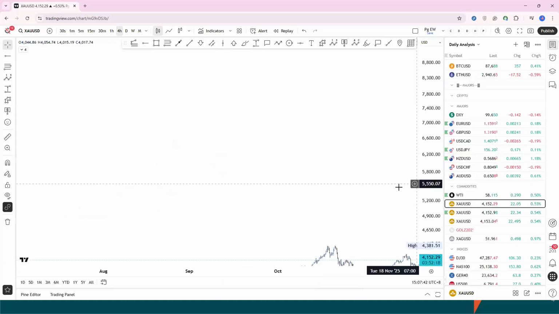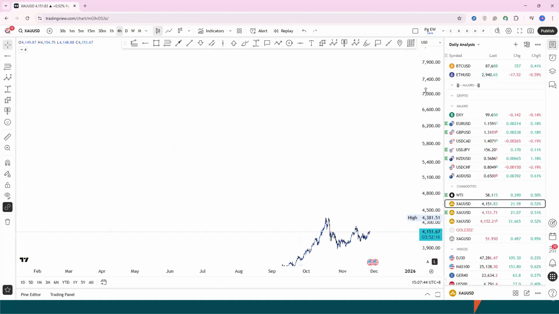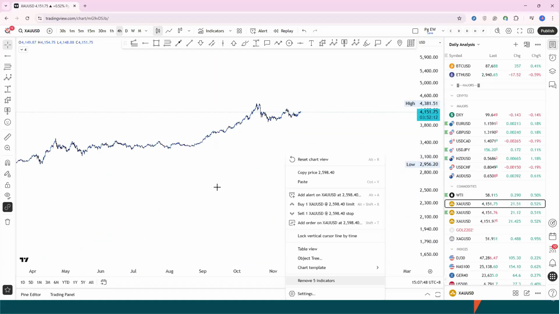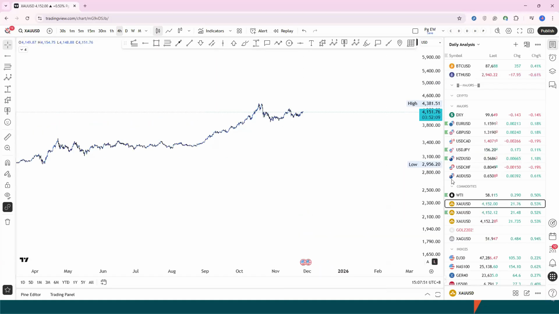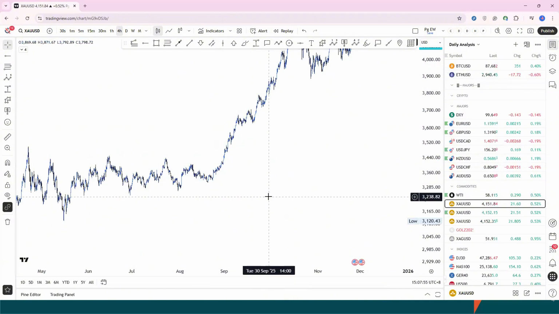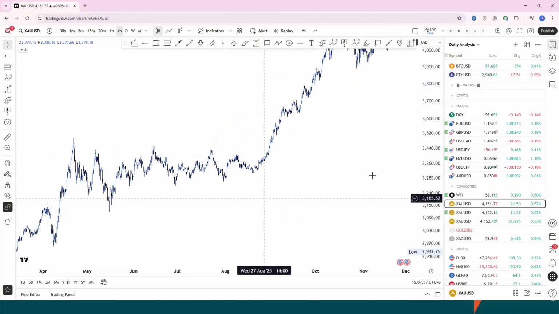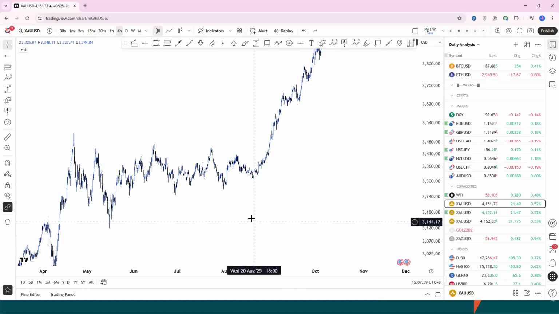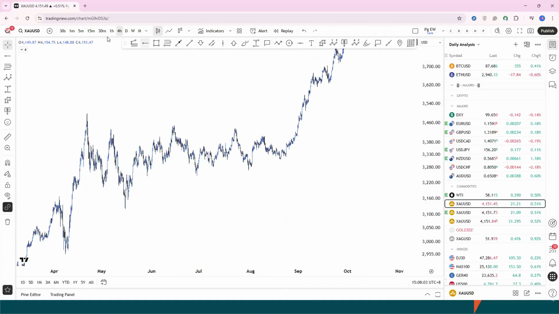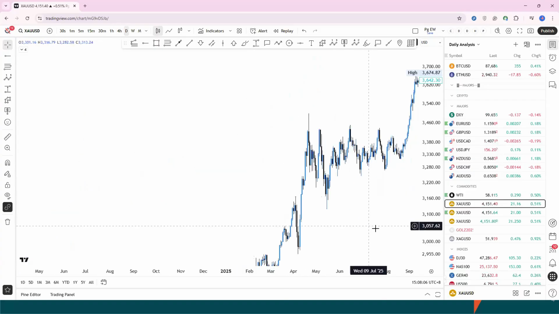And we also covered the triangle. Usually you will see a triangle, which is A, B, C, D, E, usually in wave 4, which is here.